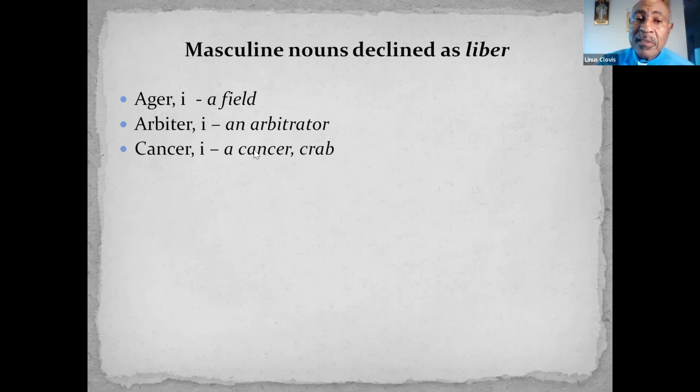Cancer, or crab. Okay, so the constellation Cancer. Cutler, a knife. Guess what we get in English? Cutlery.